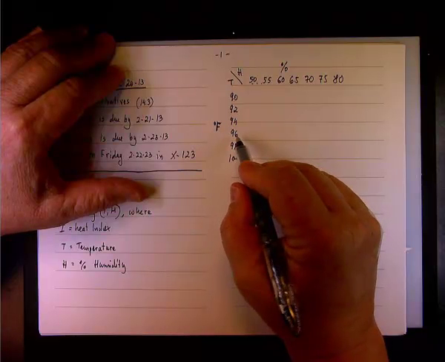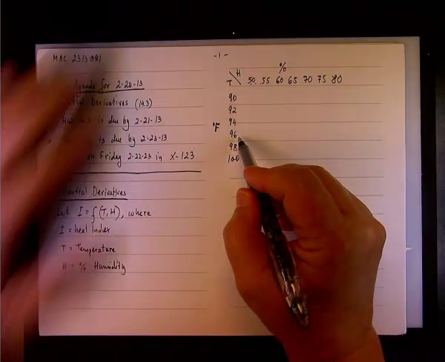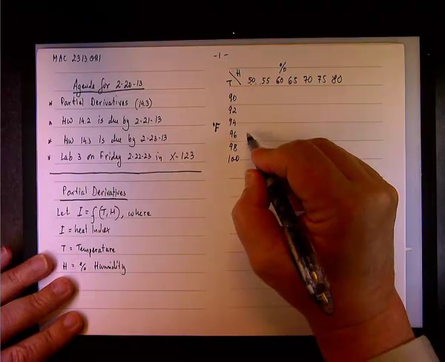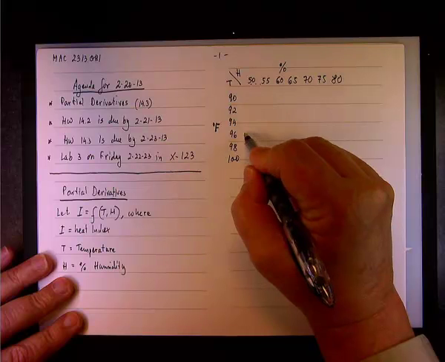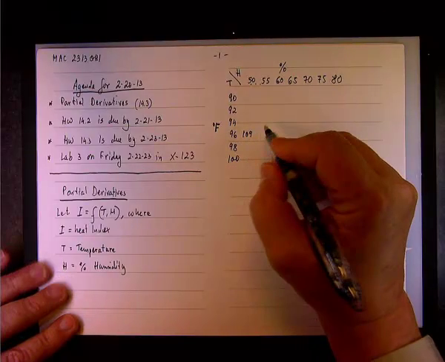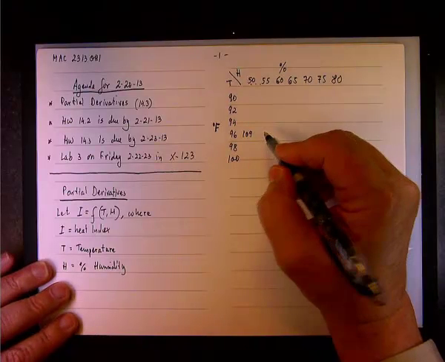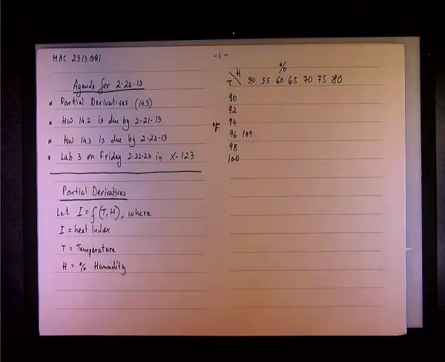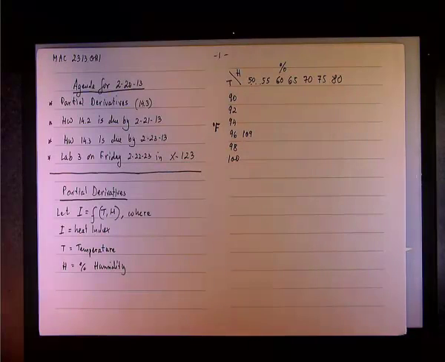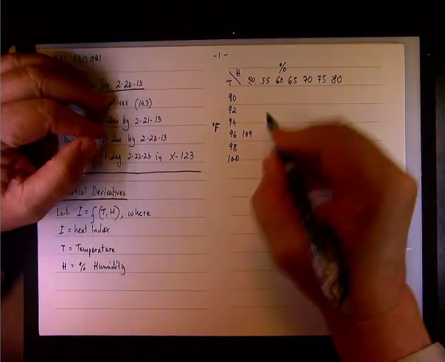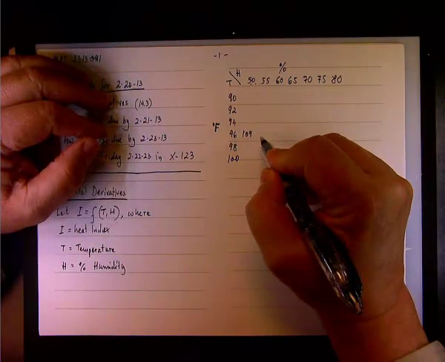I have different data, but the one I'll focus on will be the humidity. The heat index corresponds to 96 degrees. So when the temperature is 96 degrees, we feel like 109. That looks high, but I guess that's the data. Let me double check the printout. Yeah, 96 feels like 109.